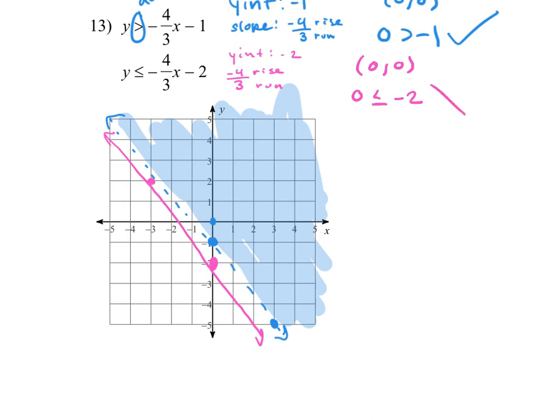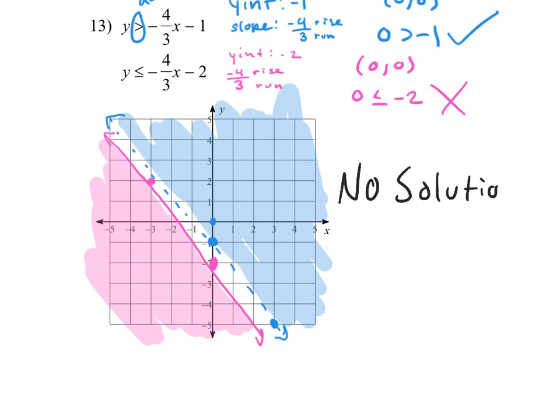No. So we're going to shade above or below? Below. Do we have any parts that overlap here? So what would our answer be? No solution. So if nothing overlaps, it's no solution.